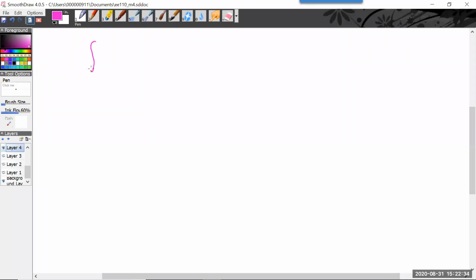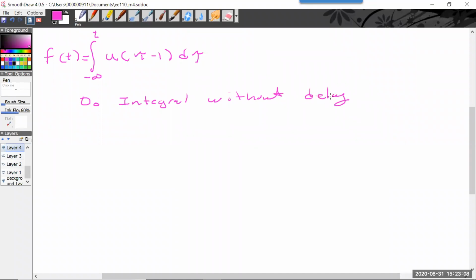All right. So really, the way to do this is do the integral without the delay.